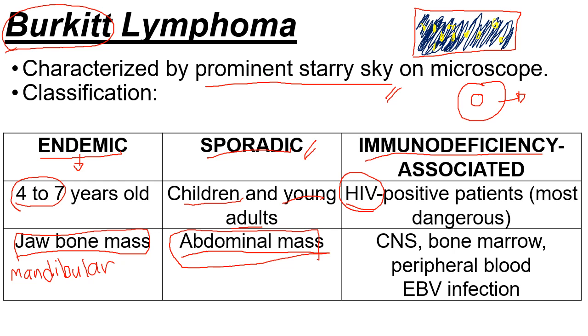Ito yung type ng Burkitt's lymphoma na very fatal. Actually, Burkitt's lymphoma is treatable except this type. Dahil marami siyang affectation, pwede siyang pumunta sa brain or CNS, central nervous system, your bone marrow, peripheral blood, and associated din siya with your EBV infection. So, prone ka magkaroon ng kissing disease.